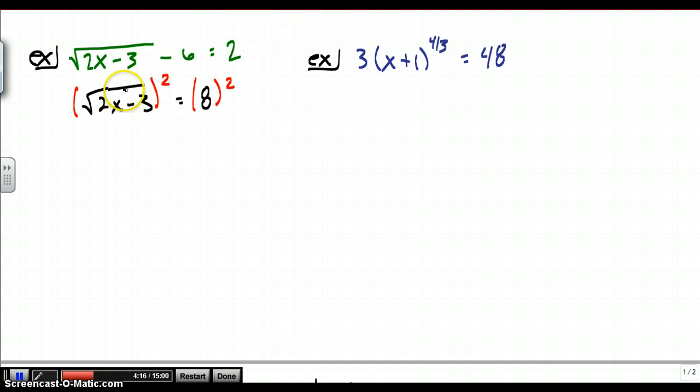And this just cancels. The square root and the square cancel to 1. So I'm left with 2x minus 3 equals 8 squared, which is 64. And now if I add 3 to both sides, I get 2x equals 67. And now I want to divide by 2. So x equals 67 over 2.